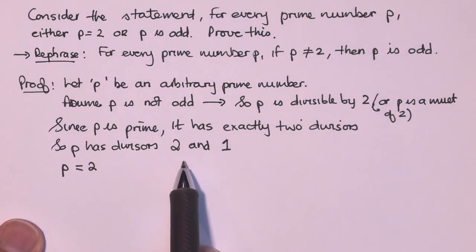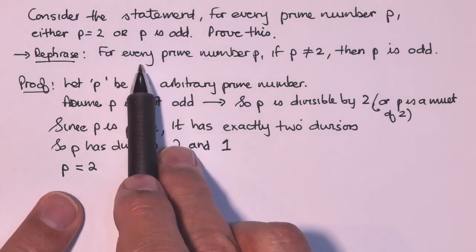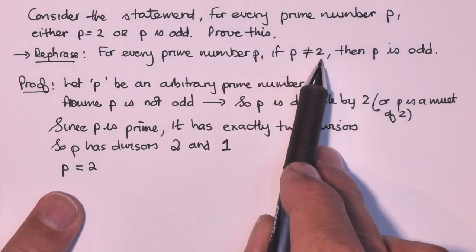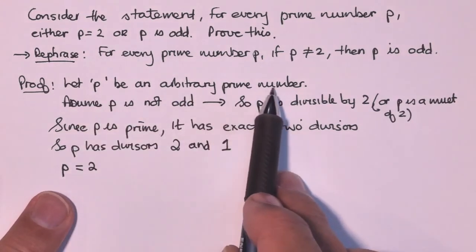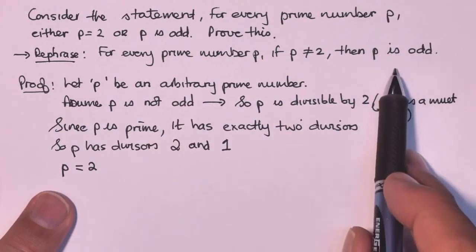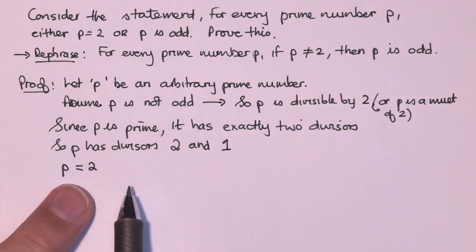Okay, now did that prove what we set out to prove? Let's see. For every prime number p, if p is not 2, then p is odd. So we're saying, let it be an arbitrary prime number. Assume it's not odd. Okay, so we're negating that. We're proving the contrapositive.